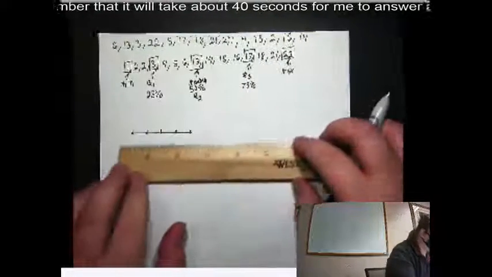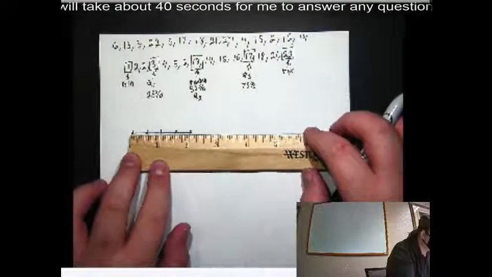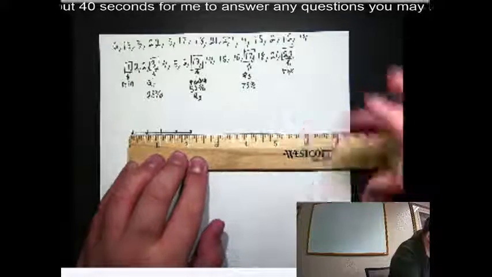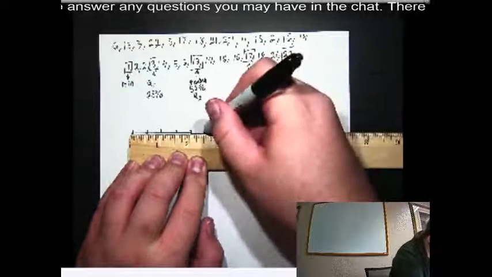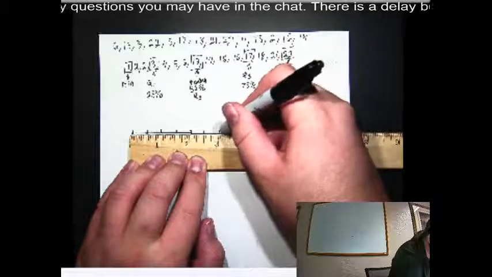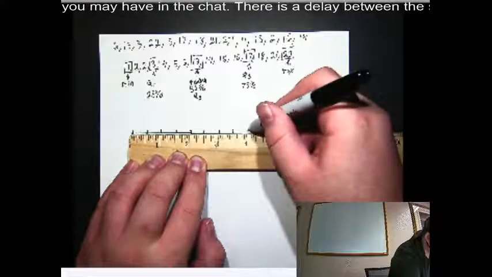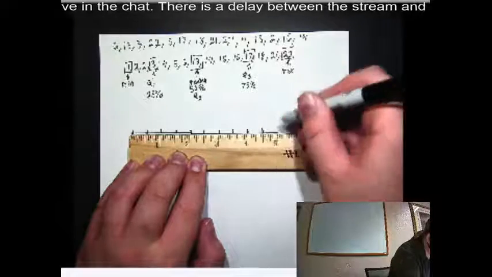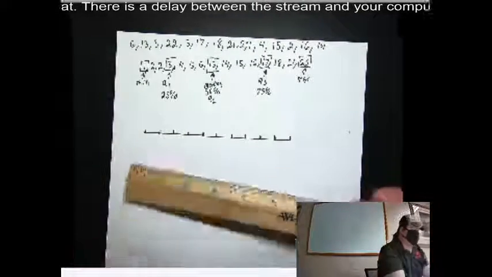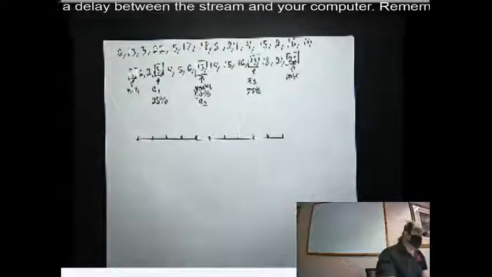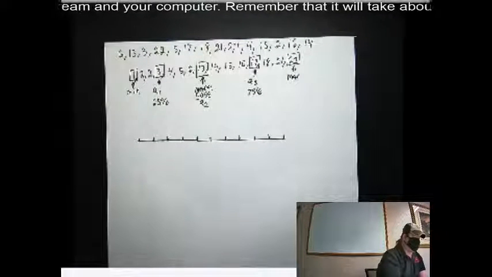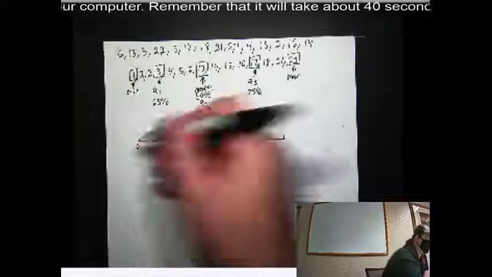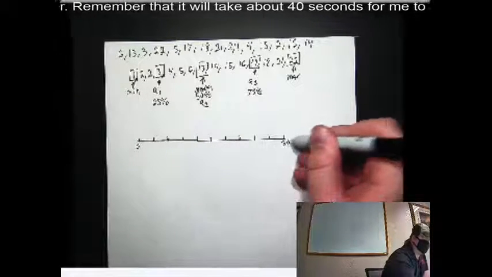That's not going to be big enough. Make this a bigger one. So we'll say this is 0 and this is 30.